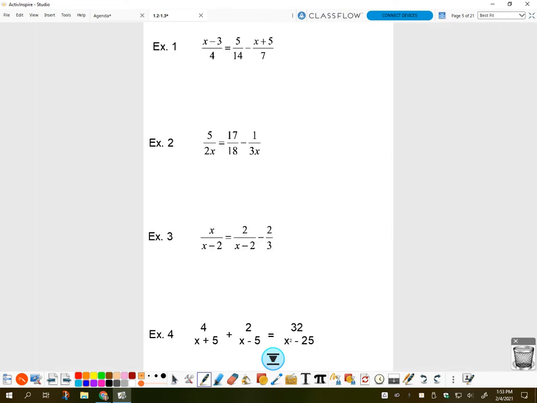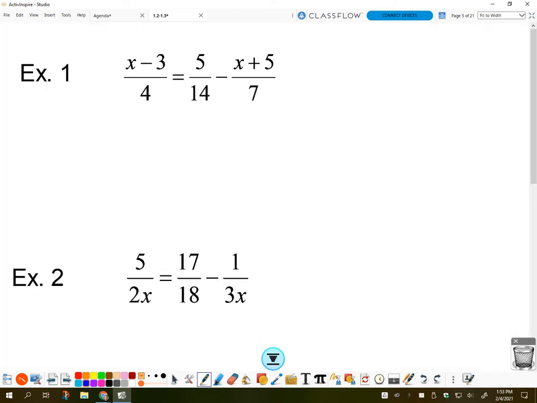So, example 1. Trying to make it fit the width wide enough. Okay. So, for example 1, there are no excluded values. We technically don't have a rational function because we don't have variables in the denominator.